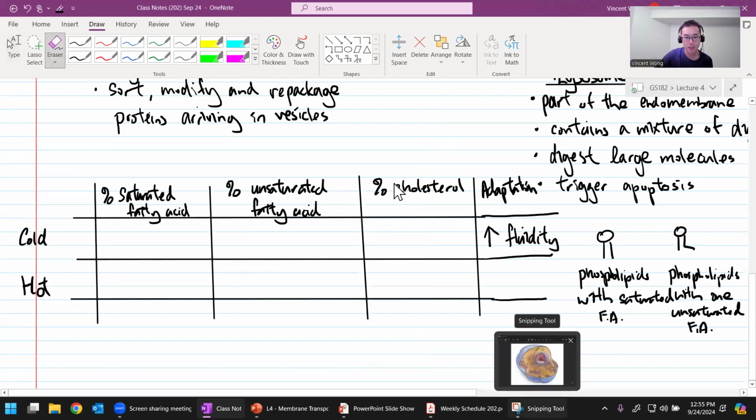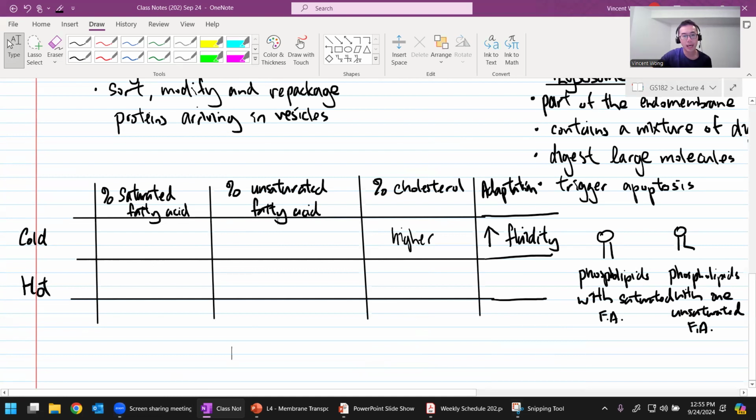So if the adaptation is more increased fluidity, you actually need to have more cholesterol, a higher percentage of cholesterol. How about unsaturated fatty acid? If you need it to be more fluid, do you want more unsaturated fatty acid or less unsaturated fatty acid? Which one is fluid?